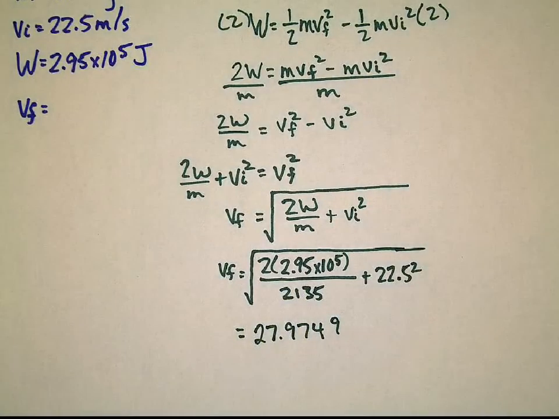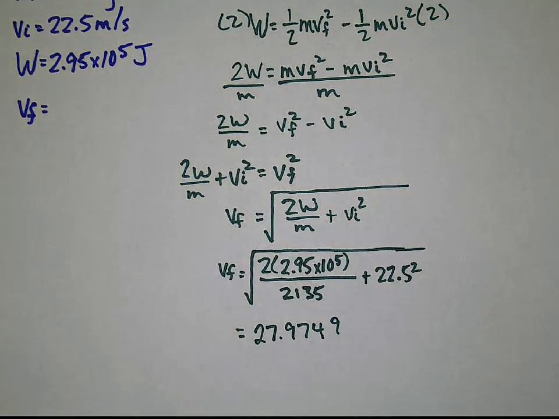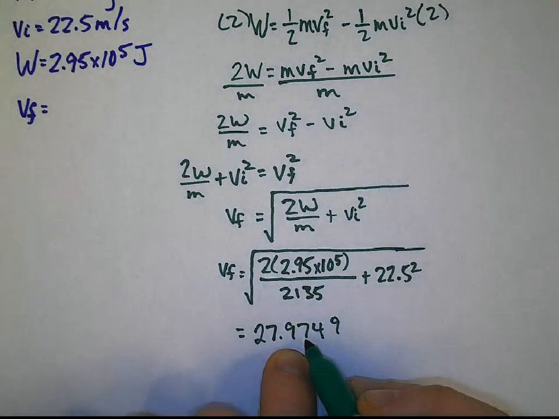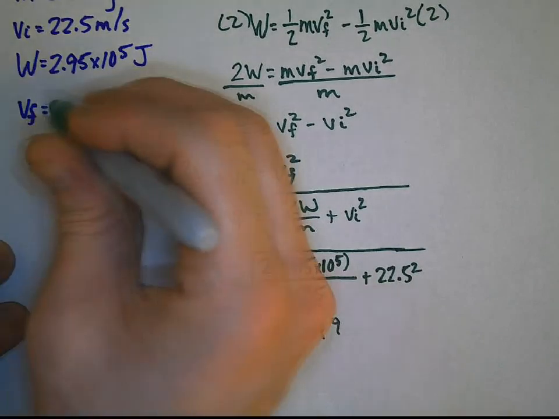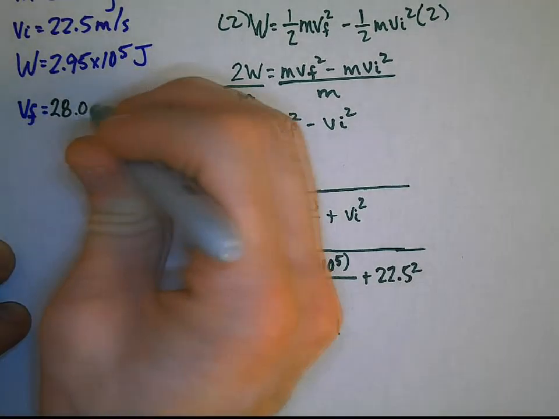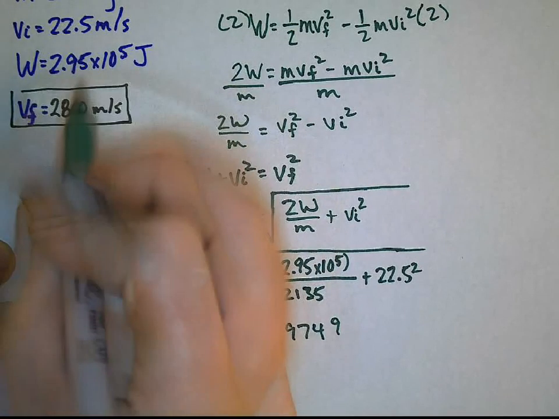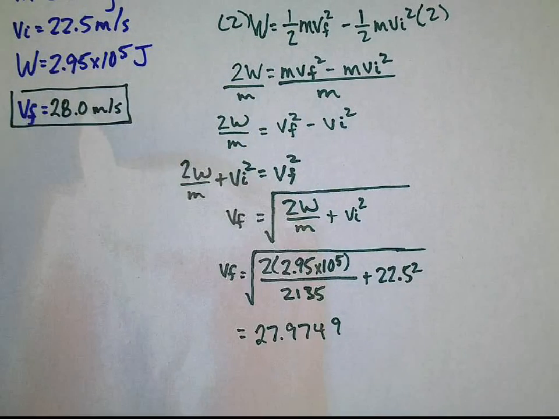That's all significant digits included. My final answer must include 3 significant digits, so 27.9. I see that 7 is the following, round up, so final speed is 28.0 meters per second. This decimal 0 is 3 significant digits.